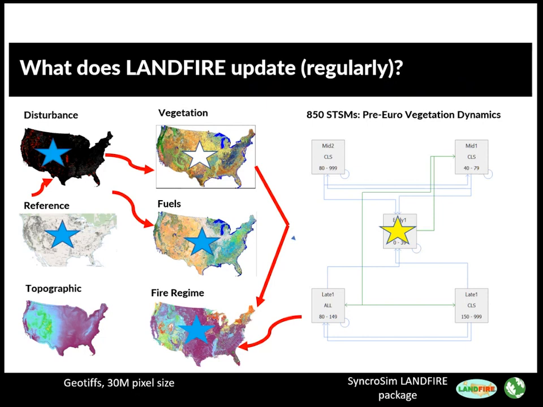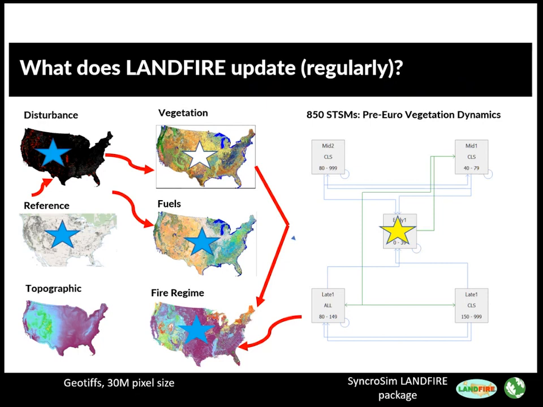Those are all updated, but you see they flow through other things, so those things they flow through will also get updated. Okay, but for disturbed pixels only. I'm going to say that probably 5 times before this is over, because that's a problem. Where I come from in the South, in 7 years trees could grow 15 feet, but they're still 7 years old in the LANDFIRE data, okay?